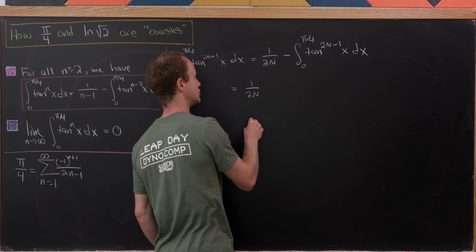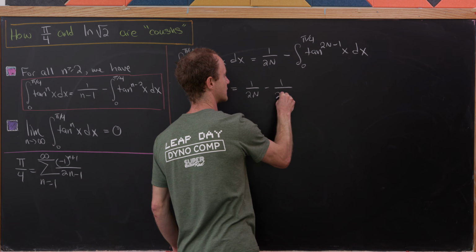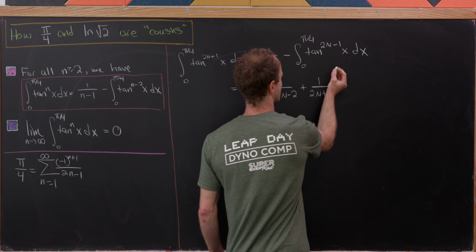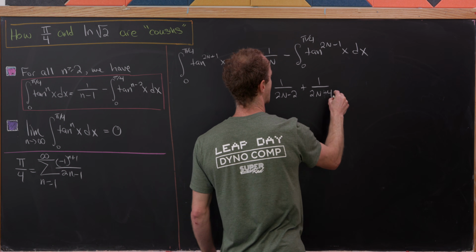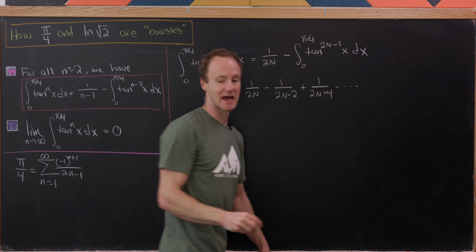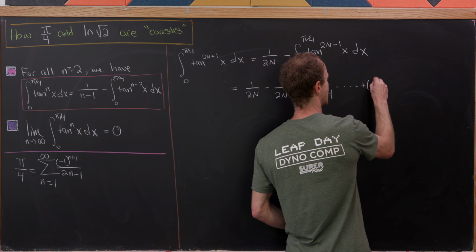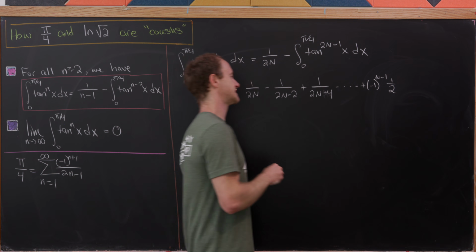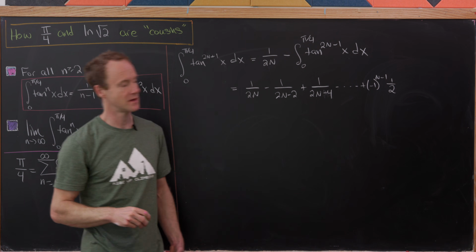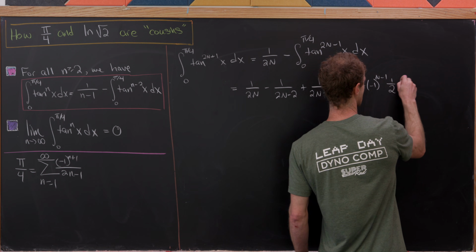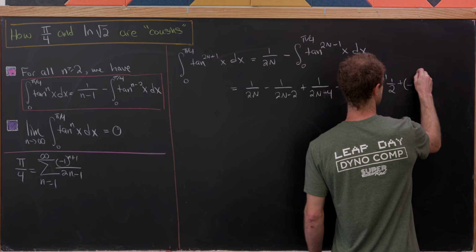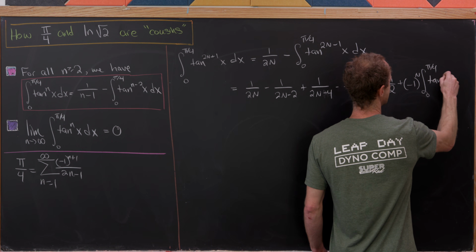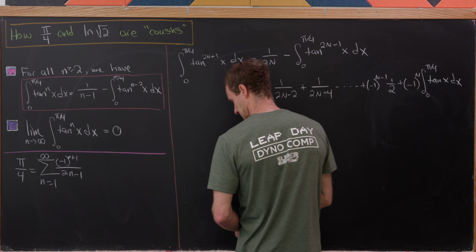We'll have 1 over 2 times capital N minus 1 over 2 times capital N minus 2. The next one will be plus 1 over 2 times capital N minus 4, all the way down to plus minus 1 to the capital N minus 1 times a half. That's our next to last term. And then the very last term will be plus minus 1 to the capital N, and then the integral from 0 to pi over 4 of the tangent of x dx.